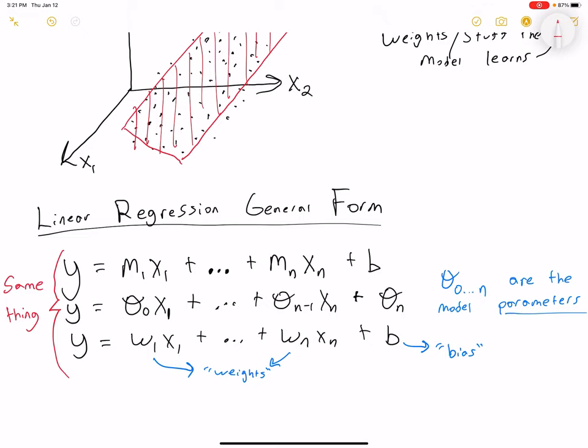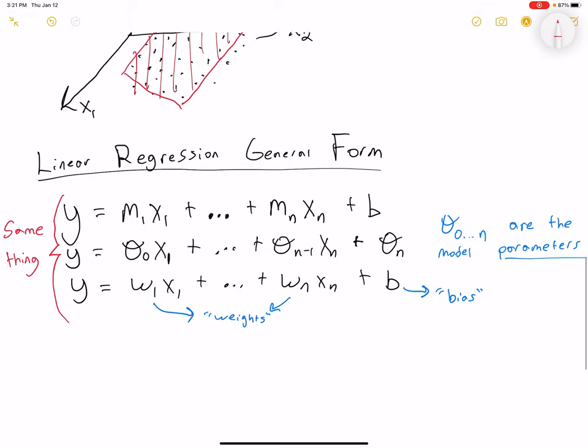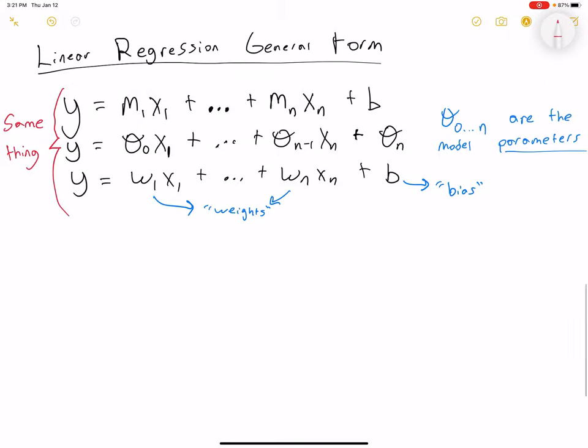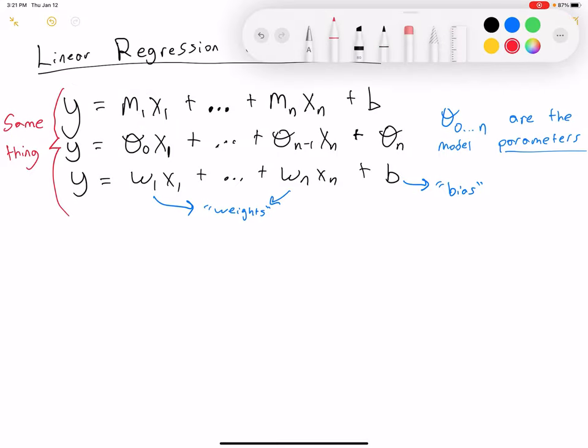Okay, so now let's talk a little bit about how the model does the learning. So we know it's learning parameters for a linear equation, but how does it learn? And we're not going to go into too much detail yet, but we're going to start getting there.